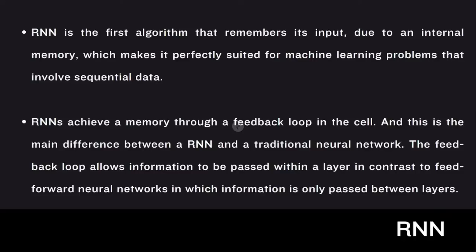And RNNs achieve memory through a feedback loop in the cell. This is the main difference between RNN and a traditional neural network. The feedback loop allows information to be passed within a layer, in contrast to a feed-forward neural network in which information is passed only between layers. And this is where we are going to understand how RNN is trying to get the sequential information.